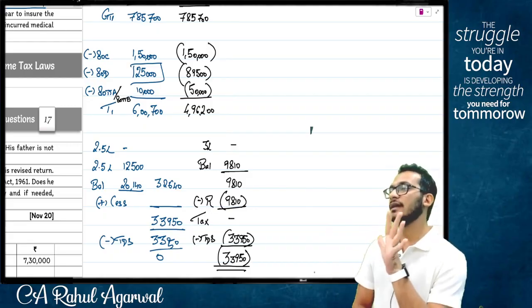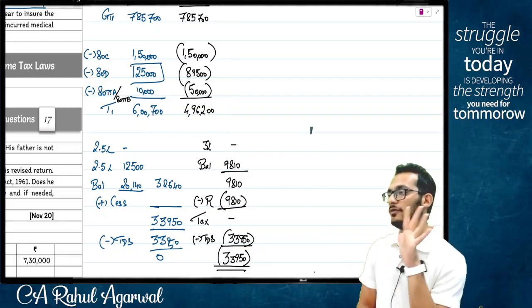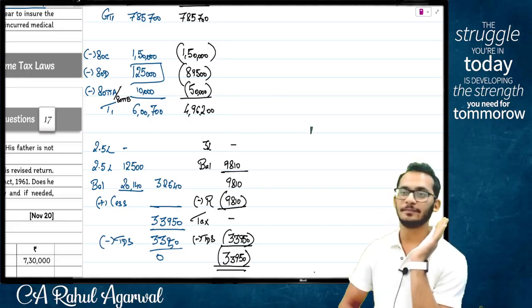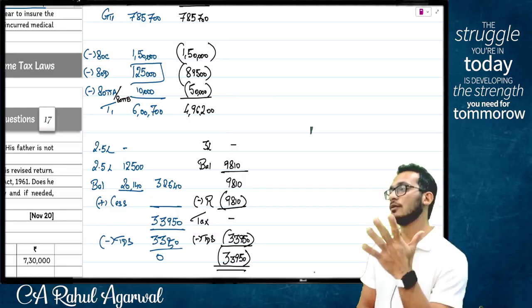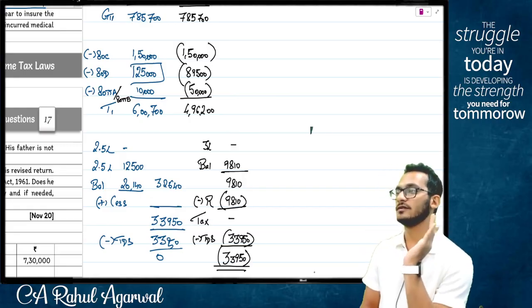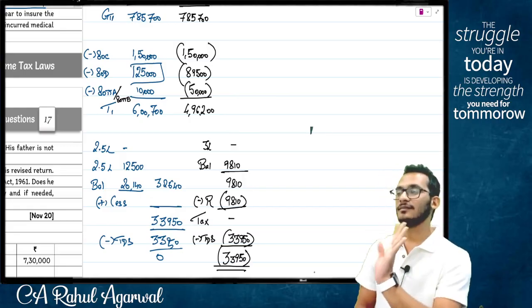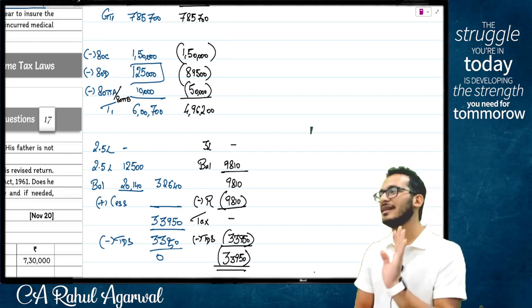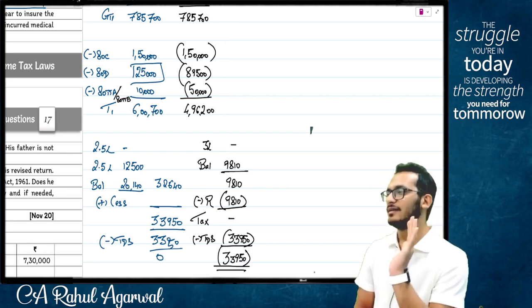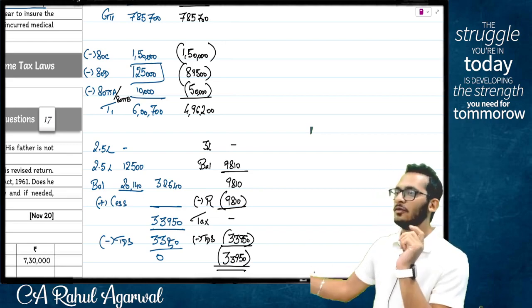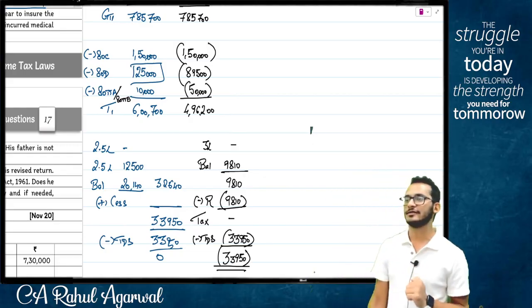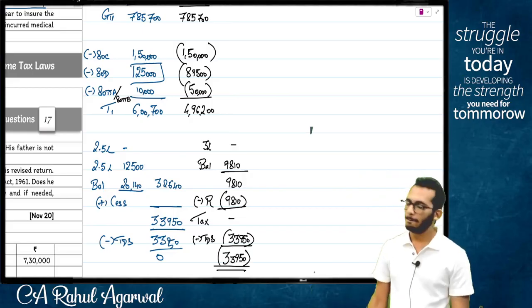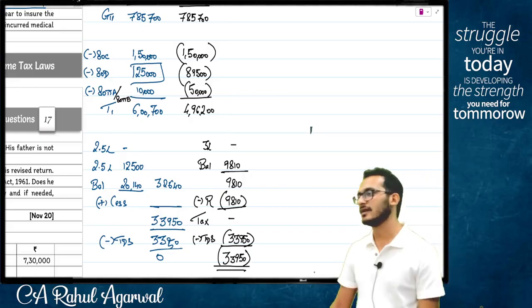Reason number five, he has computed taxes based on 2.5 lakhs where he can get 3 lakhs. Answering all these five, it will give you a refund of 33,950, and therefore the person may file a revised return claiming a refund of 33,950. However, this has to be done before 31st December 2025. This is a consultant question.